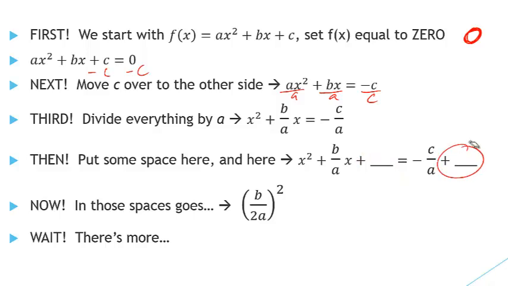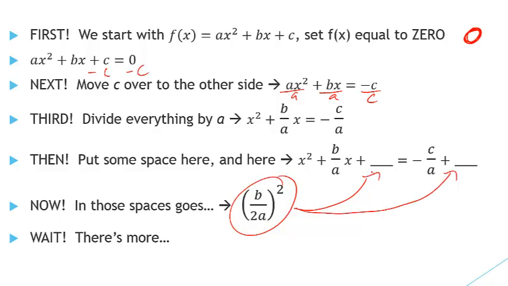We do that just to make our next step make more sense, because when we add something to one side, we have to add something to the other side as well. In those spaces, we're going to put b divided by 2a, squared. That goes here and here, because we're adding it to both sides.